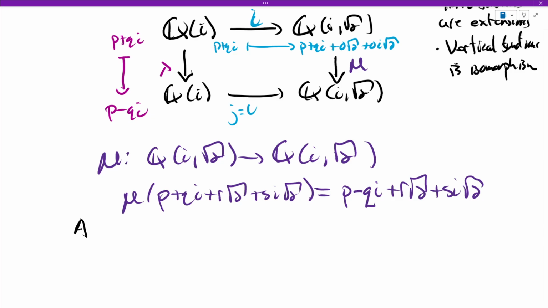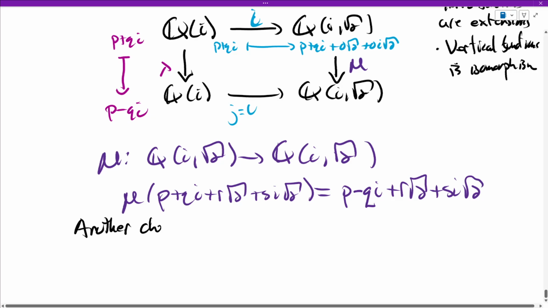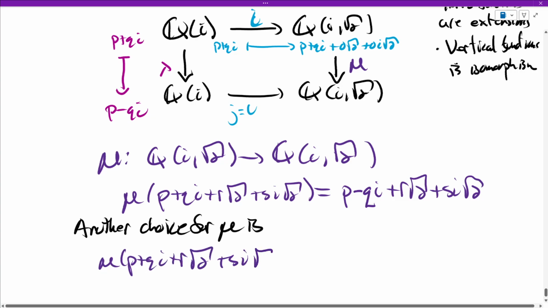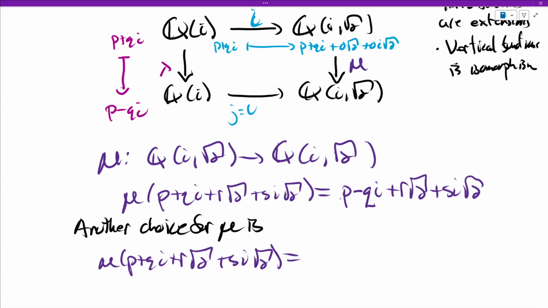Another choice for mu is, well, we can send mu of p plus qi plus r root 2 plus si root 2, and we have to make sure we negate the i here. That has to happen. And actually, I messed up. If we negate an i here, we should also negate it here because there is an i hiding there. Another choice is to negate the i, but then also negate the root 2.